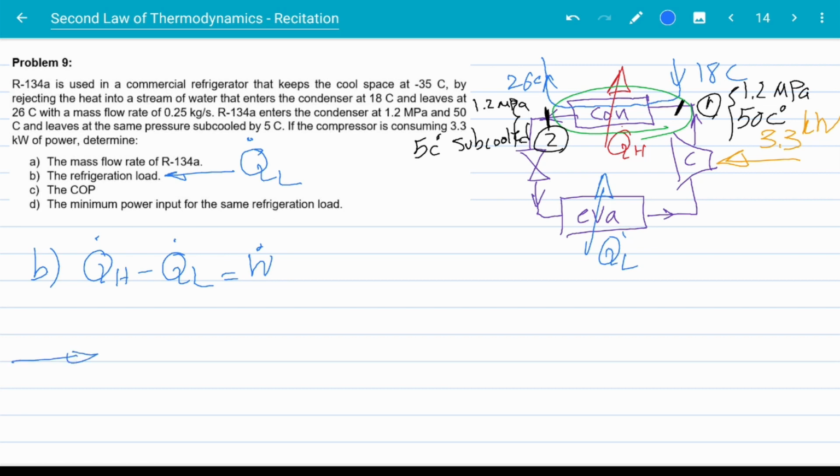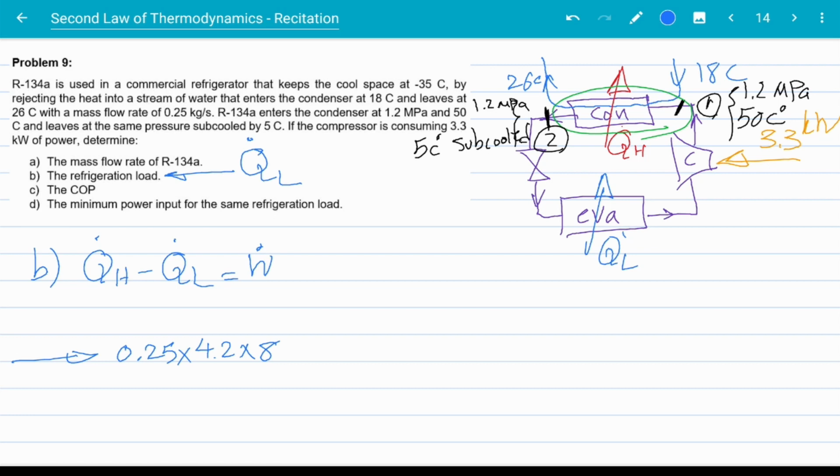Now using that, Q dot H, I already know the number for it. It is 0.25 times 4.2 times 8. Remember, this is the change of enthalpy of the water stream.